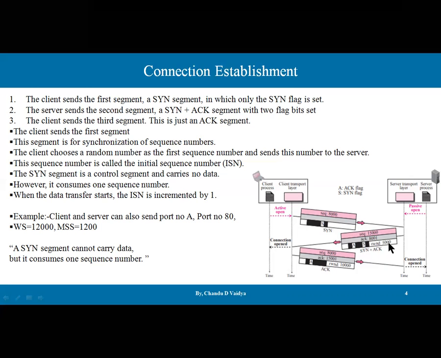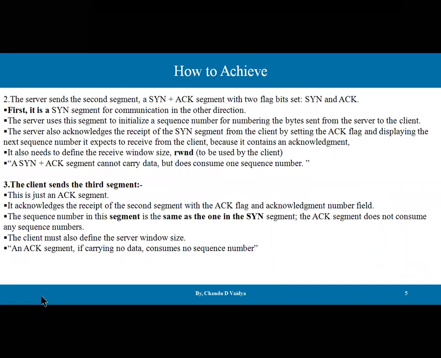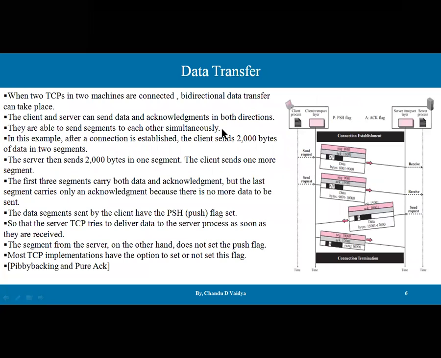Here also the server can advertise the maximum window size and the MSS as per their availability of data. And this is achieved via this SYN plus acknowledgement. After this SYN plus acknowledgement, the data transfer can happen. What happens in the data transfer, guys?